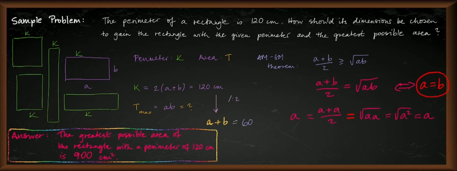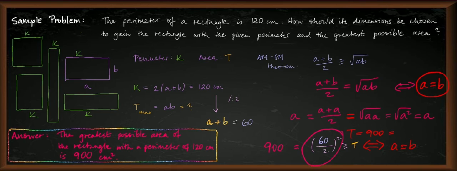Now in this particular exercise, just remember the maximum area is 900, and we can say that this T is equal to 900 if and only if A is equal to B, that is the two dimensions are the same.